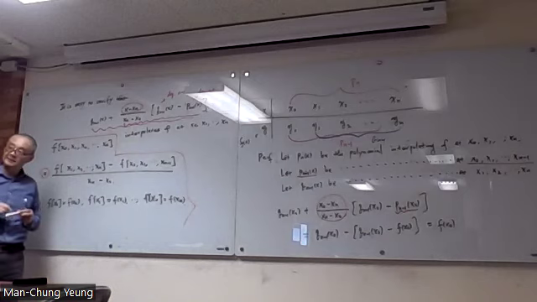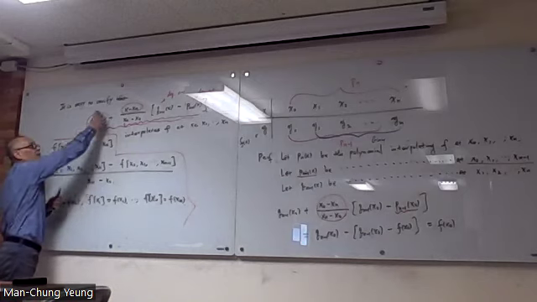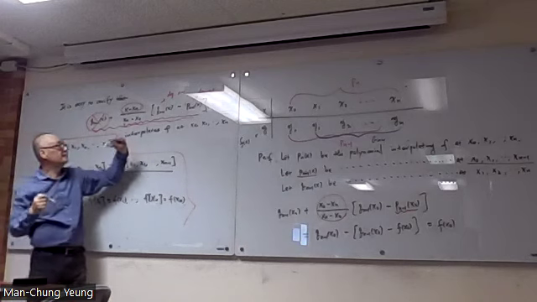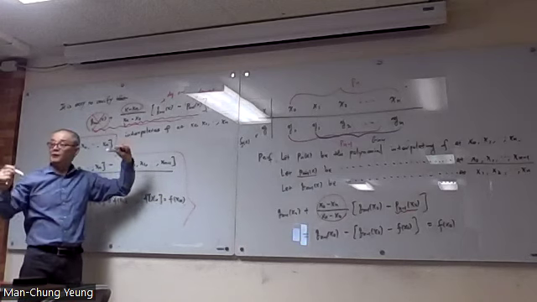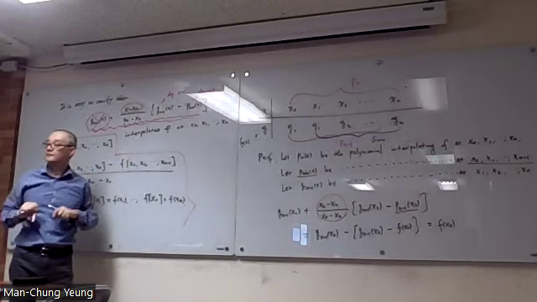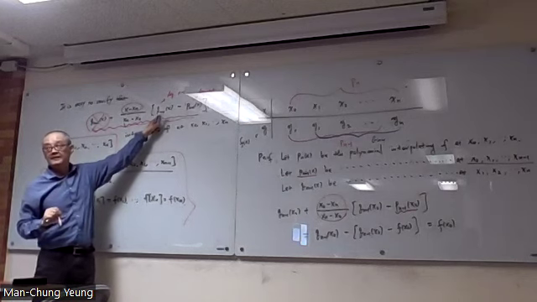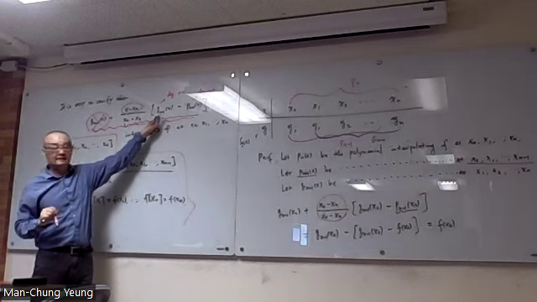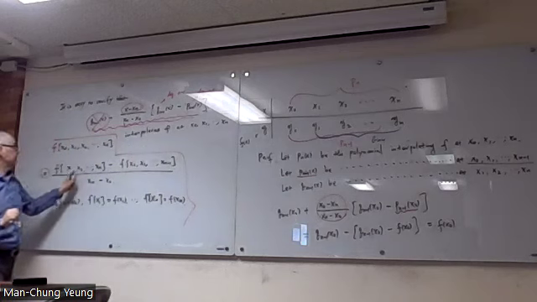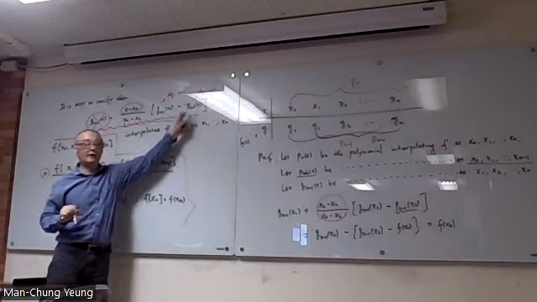Any questions? Can you see? The leading coefficient is not here, so don't consider this. Consider this: the leading coefficient is the coefficient of x to the n. The leading coefficient of this polynomial is this.